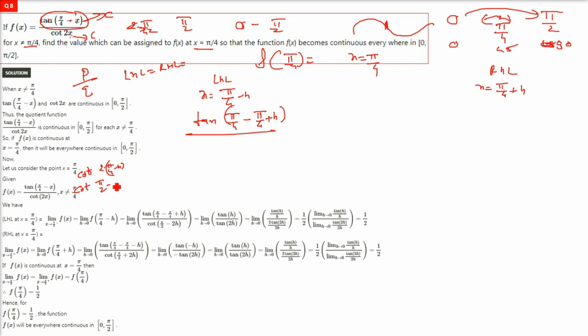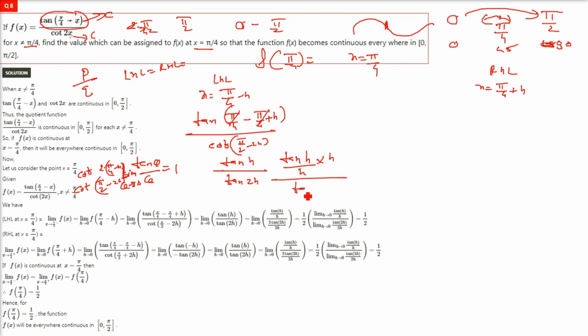So cot pi by 2 minus 2h, and cot 90 minus theta is tan theta. So the denominator will be tan 2h. This cot has become tan, and it will not be negative because if you remember, add sugar to coffee, pi by 2 minus everything will be positive only.